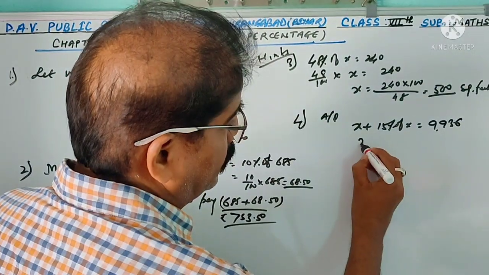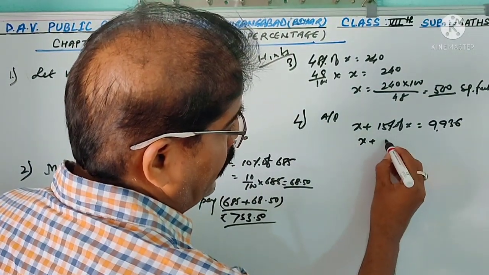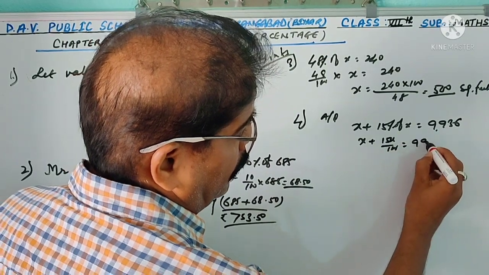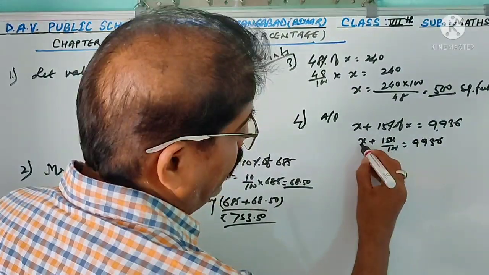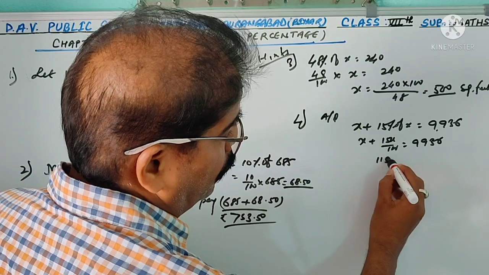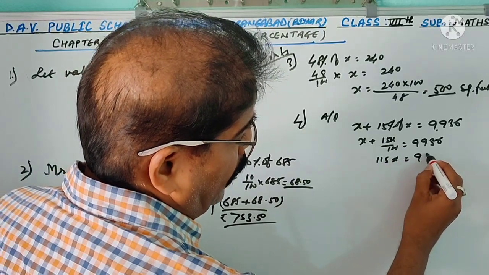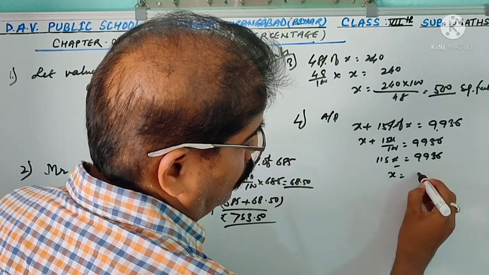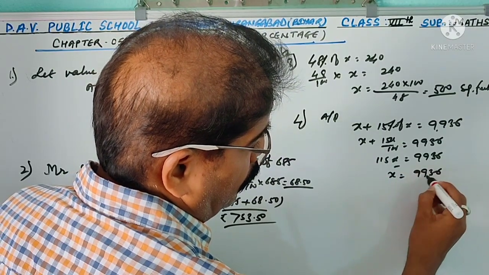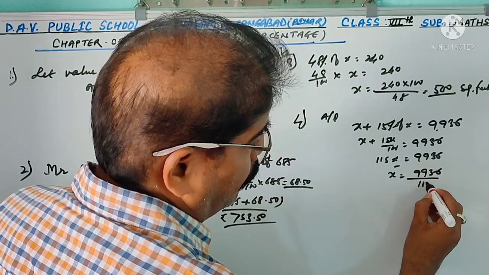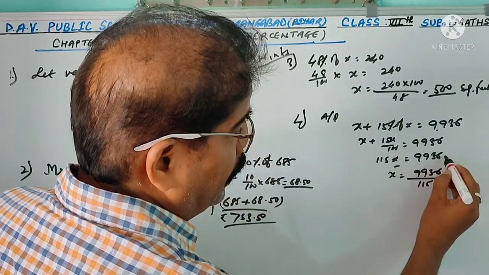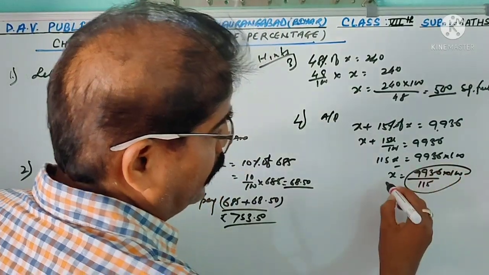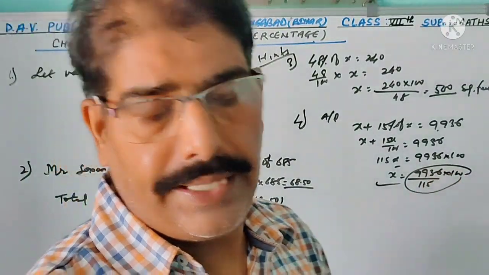So x plus 15x by 100, that is 100x plus 15x by 100, equals 9,936. So x equals 9,936 into 100 by 115. You find the value of x.